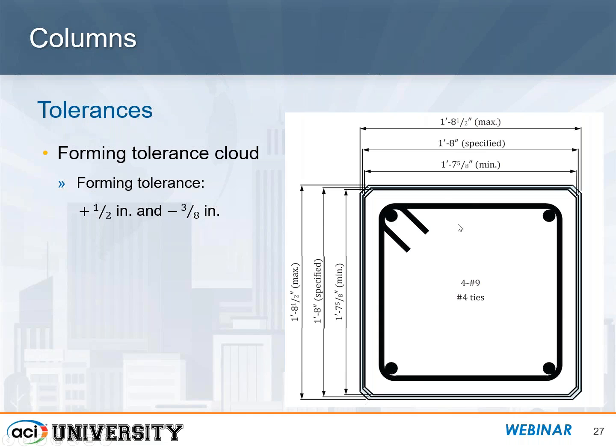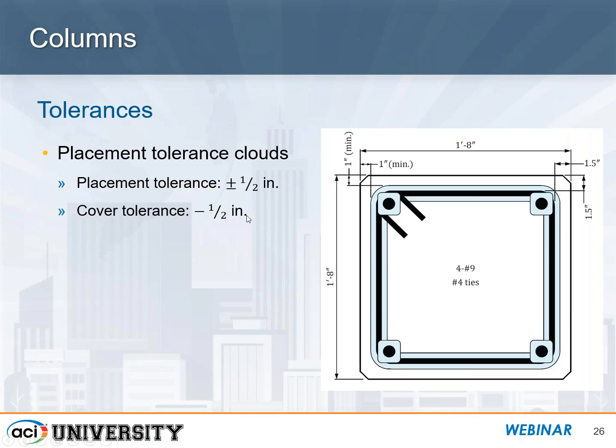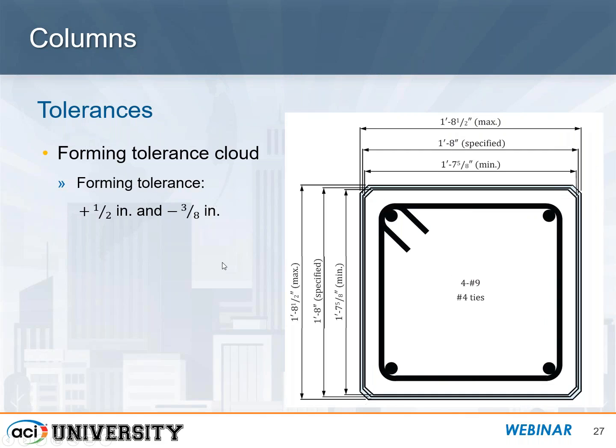Now you pair this with the placement tolerances we showed earlier, and then pair it with all the other stuff that's coming through the joint. That will give you a very good idea of if you're going to have an issue or not with the placement of the reinforcement. And that's why we say, try to limit the amount of steel as much as possible. So 4 number 9 bars here is adequate for strength in this particular column.